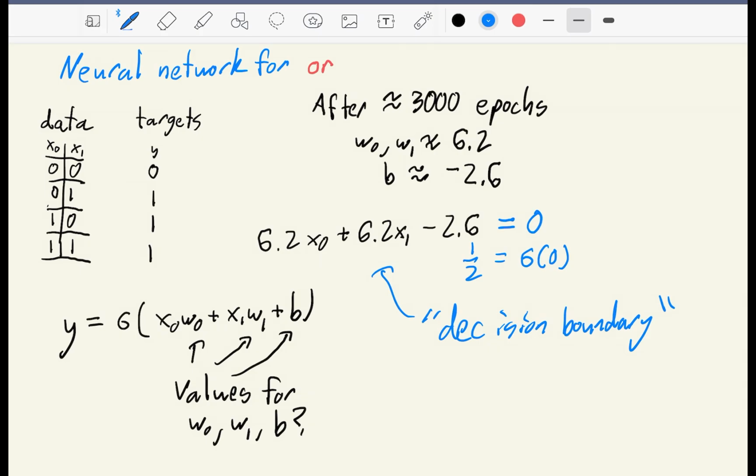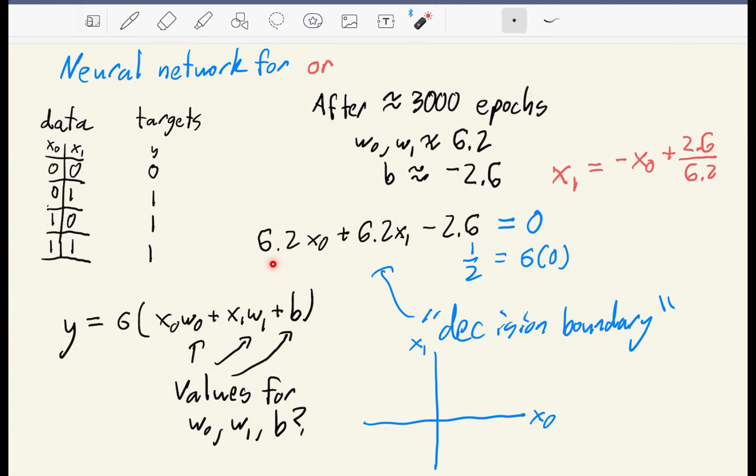And let's try to plot this. So we'll plot x0, x1. And you can think of this, let me write it in a different color, I'll write it in red, as x1 equals negative x0 plus 2.6 over 6.2.